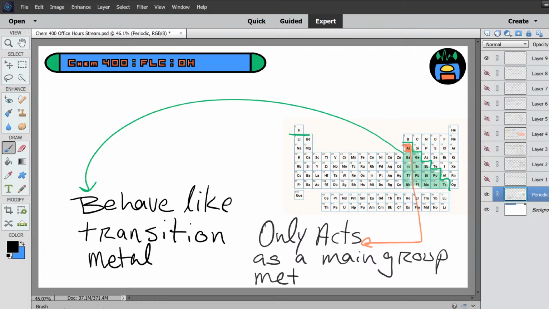And we can actually talk about why that is the case a little bit later this semester. We'll actually get into the reasons why aluminum is a hardcore main group element, but the rest of them tend to behave like transition metals.